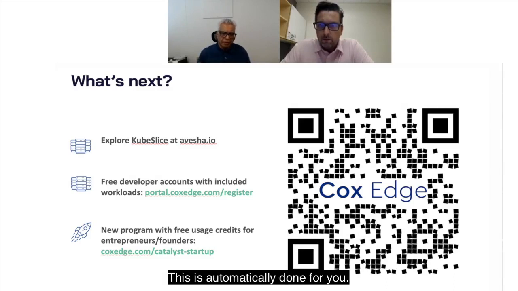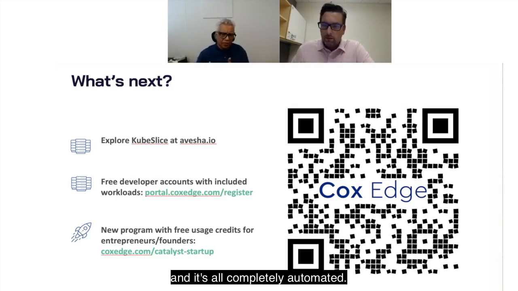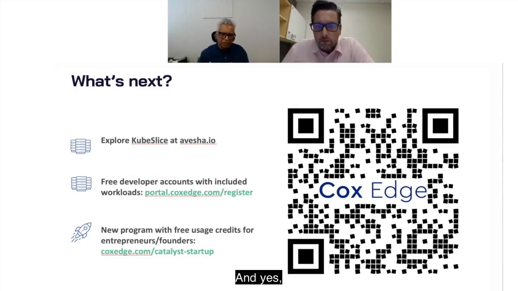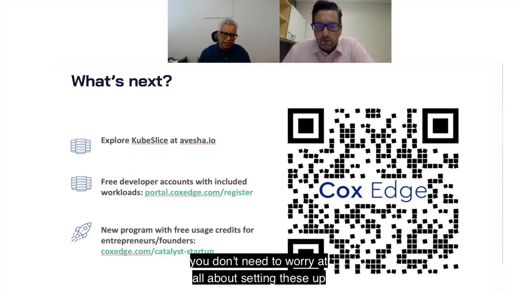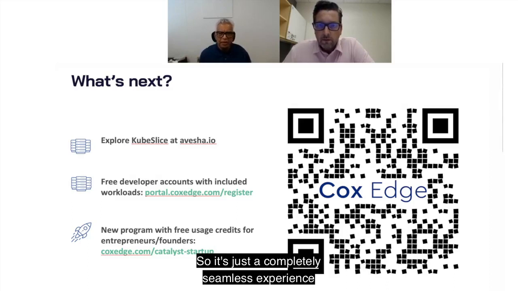This is automatically done for you. The VPNs are created between pairs of sites, and it's all completely automated. You don't need to worry at all about setting these up or even think about them, because even the certificate rotation and all of that is managed automatically. So it's a completely seamless experience from a user standpoint.